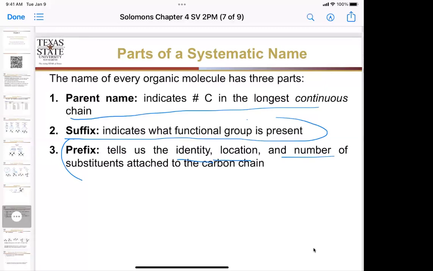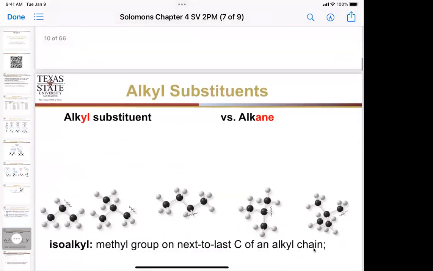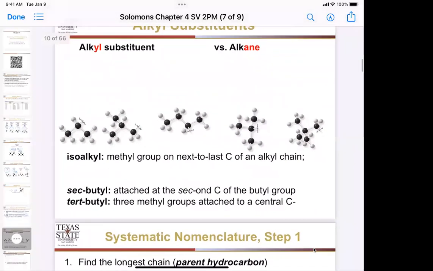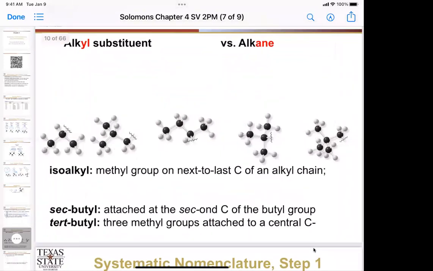Okay, so let's apply that rule to our system. The first thing we want to do is anything that's a substituent has to have that YL and associate with the number of carbons it has. Any parent chain has to have at the end alkane for now. So we want to look for that in our system.